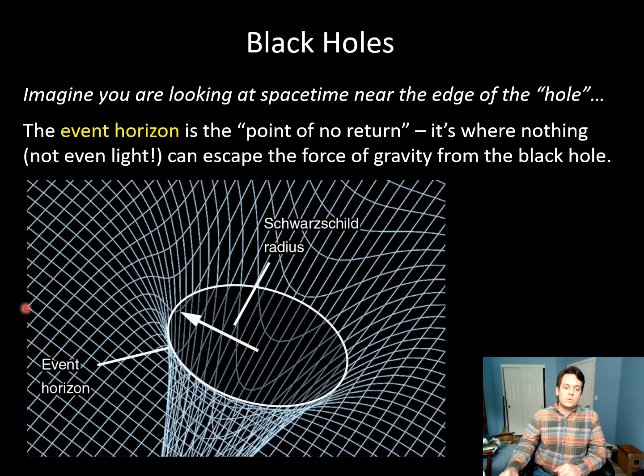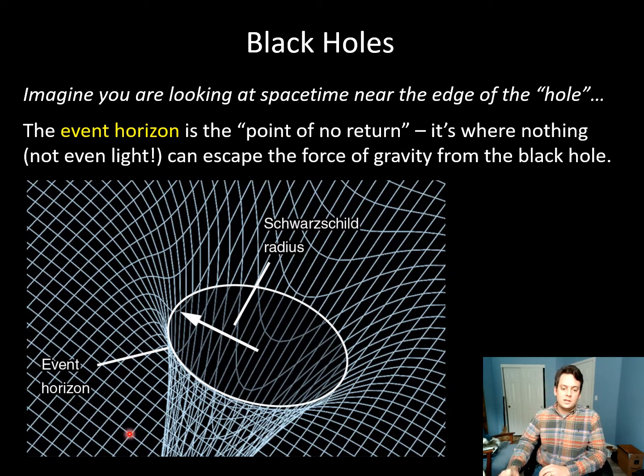For an idealized black hole, there's a radius of that event horizon. If you imagine just an isolated black hole, a point in space, there's a sphere around that, which if you go inside, you get sucked in and you can't ever escape. If you're outside that sphere, you have a chance of escaping. And the radius of that sphere, or the radius of the event horizon, is known as the Schwarzschild radius.